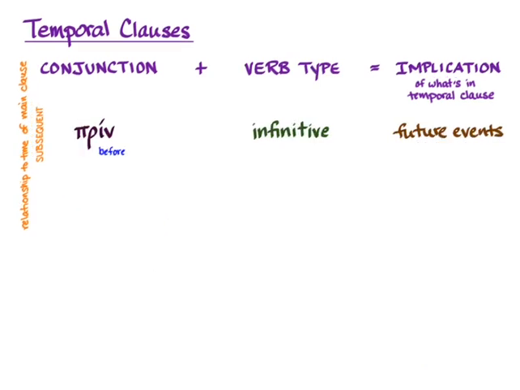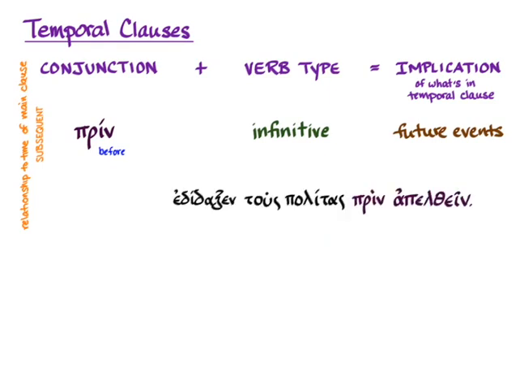Prin also can appear with the infinitive, and that's when it's going to mean before. Edidaxen tous politas prin apelthein. You can translate that, she taught the citizens before going away. If you need a subject for that infinitive prin clause, of course, as is true with all infinitives, you're going to use an accusative.